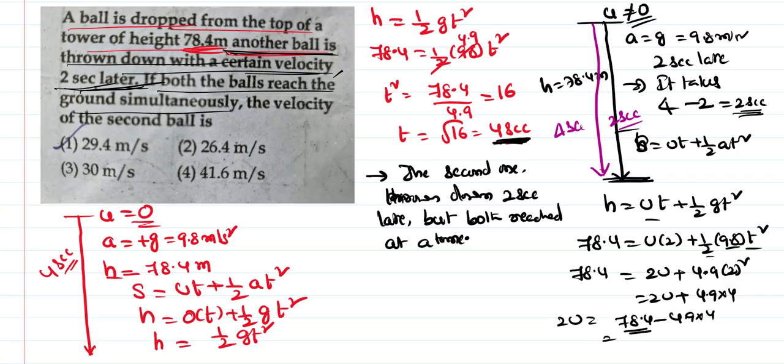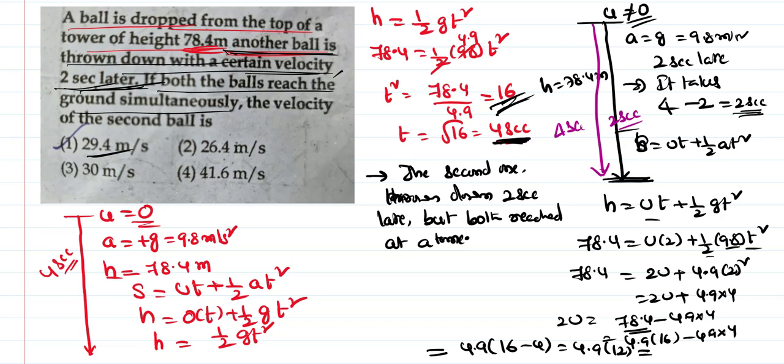As I said earlier, 78.4 can be written as 4.9 into 16 as per the calculation here, minus 4.9 into 4. If you calculate that, 4.9 common, 16 minus 4, that is 4.9 into 12.